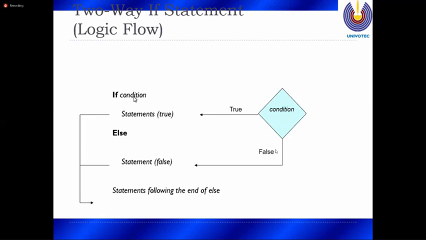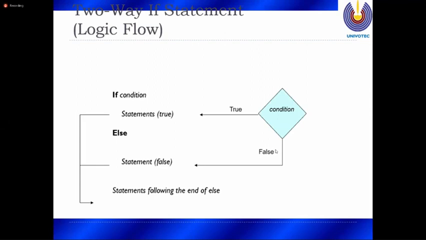For example, if the door is open, then you want to close it. If the shop is open, you can go and buy. If the shop is closed, you cannot buy anything, and it is not necessary to go to that shop. That is one condition.